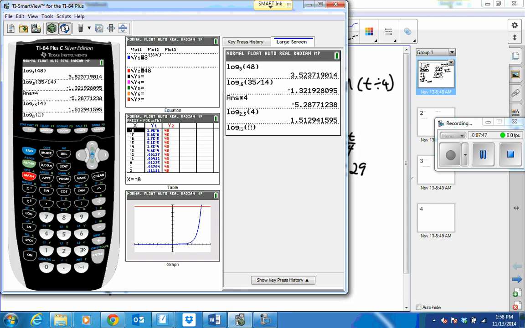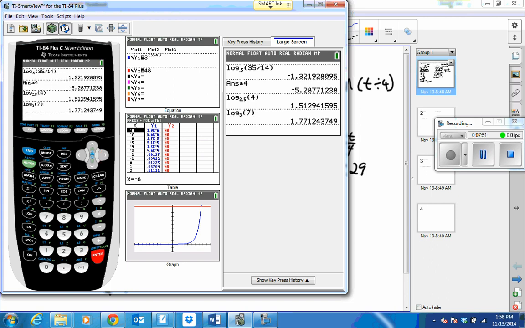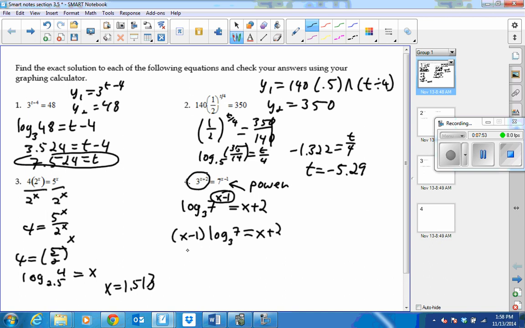Log base 3 of 7 is 1.77. So we get that x minus 1 times 1.77 equals x plus 2. So 1.77x minus 1.77 equals x plus 2.